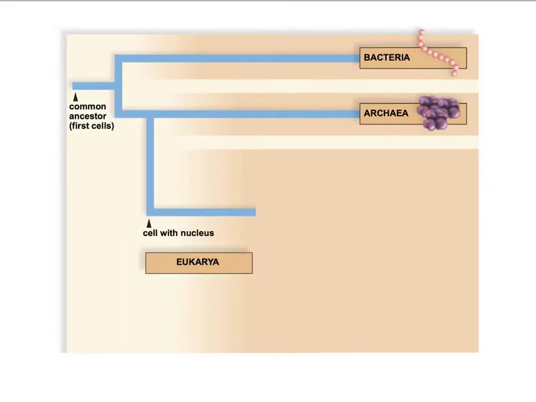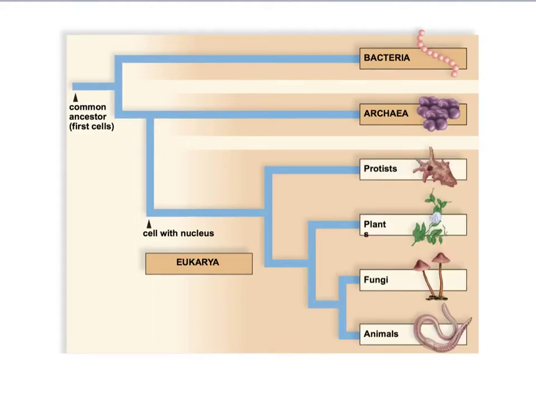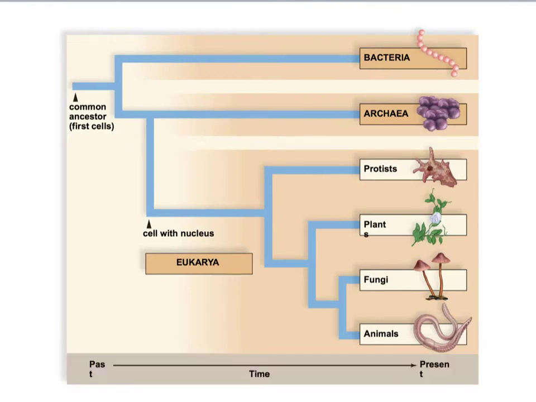So as we go on, you can see that there was another node, and here you had eukarya split from archaea. And that continues on. You have protists, plants, fungi, as well as animals. And again, keep in mind that you're going to start at the past and then work your way to the present.